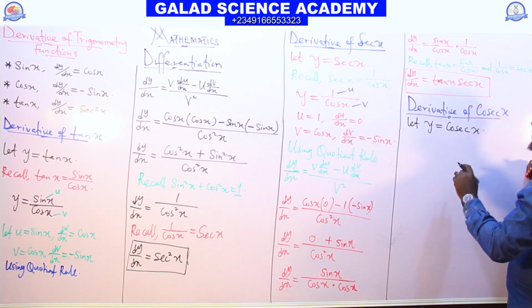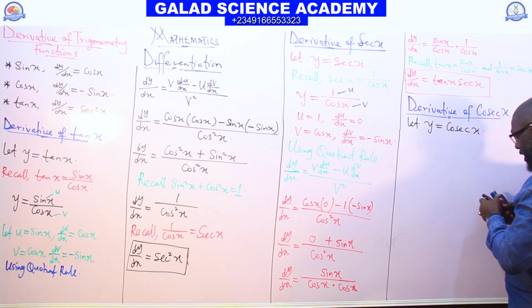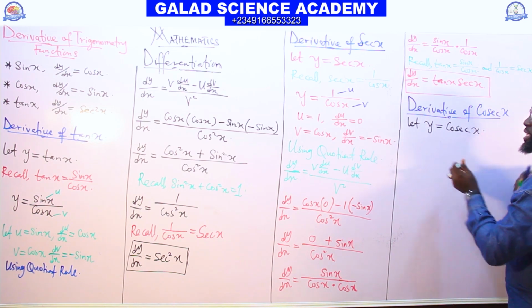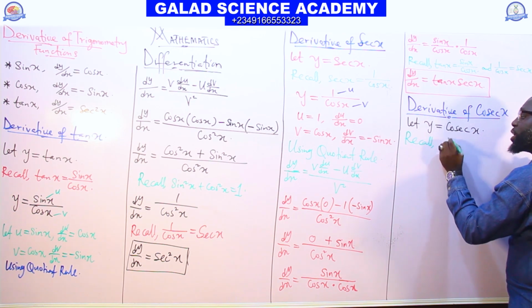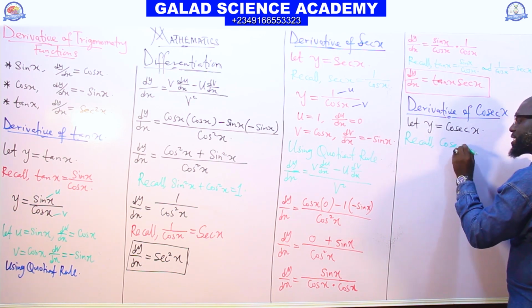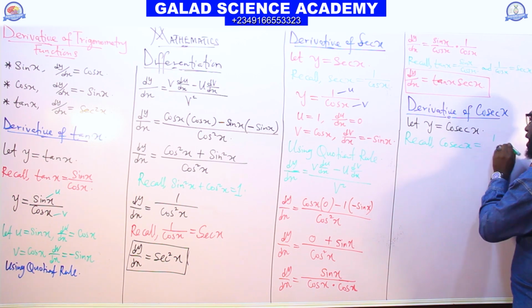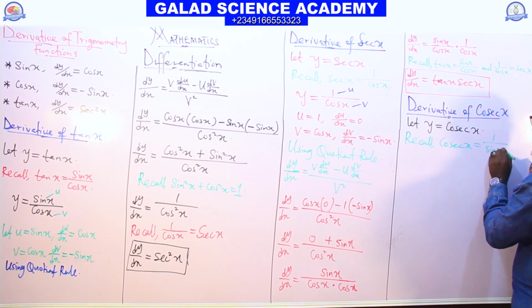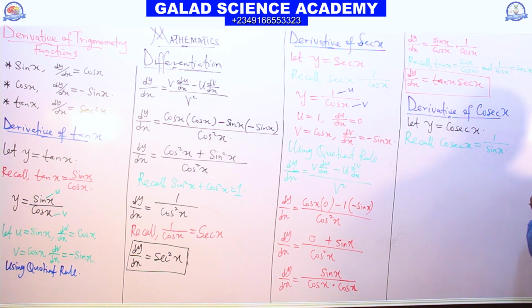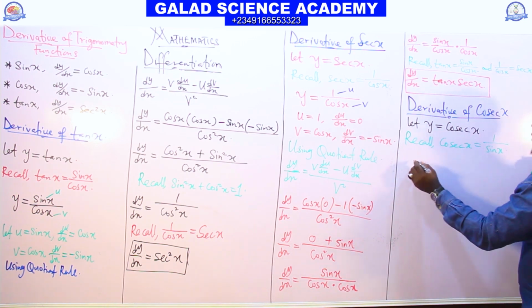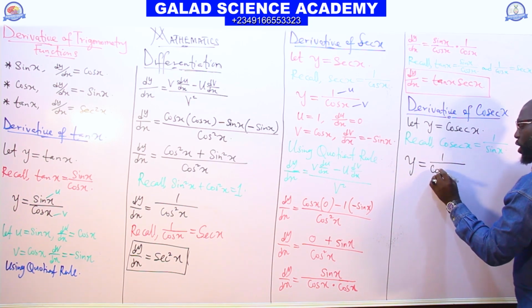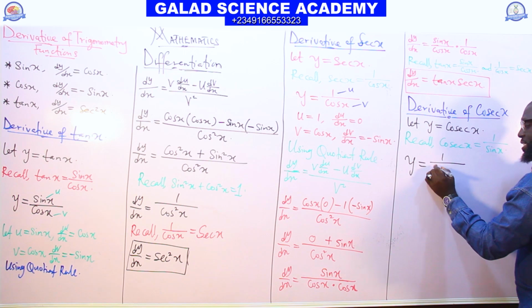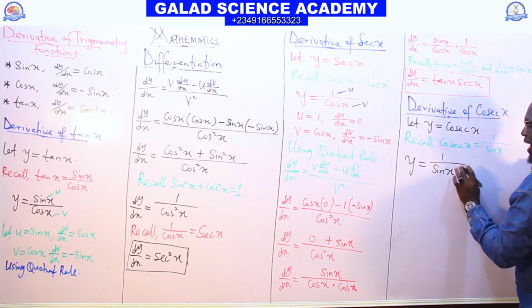From the trig identity, recall that cosec x is 1 over sin x. So from there, redefine your y to be 1 over sin x.